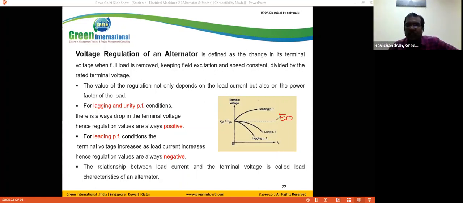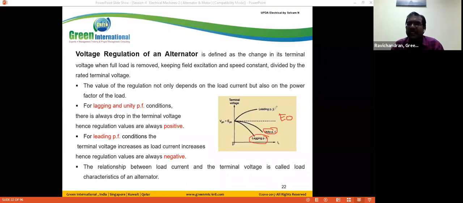The terminal voltage is always less than E0 for the unity power factor and lagging power factor, because in both cases the armature reaction has a cross-magnetic effect for unity and a demagnetizing effect for lagging power factor.